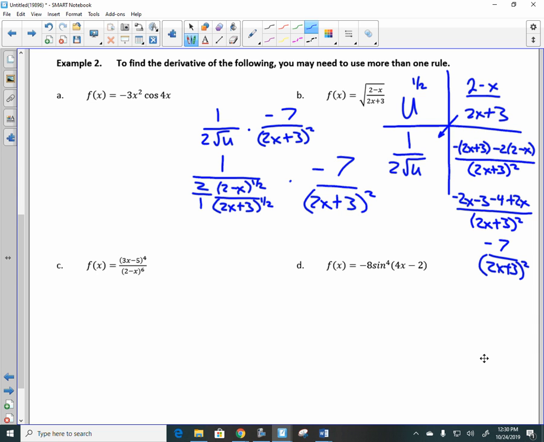And if I take 1 times the reciprocal, I just get 2x plus 3 to the 1 half over 2 times 2 minus x to the 1 half. And then over here, I have negative 7 over 2x plus 3 quantity squared.